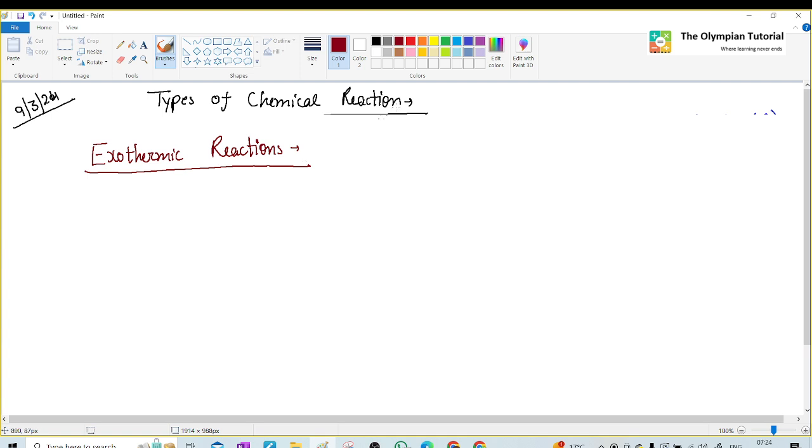Write down: reactions in which heat is released along with the formation of product.